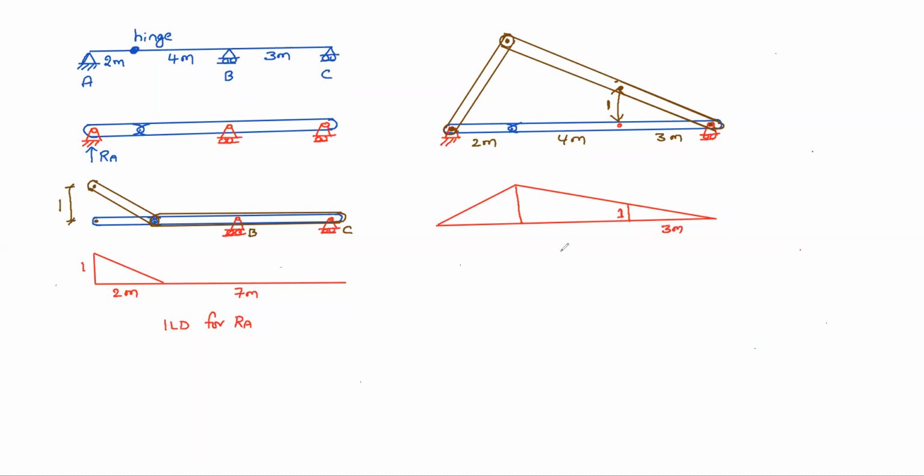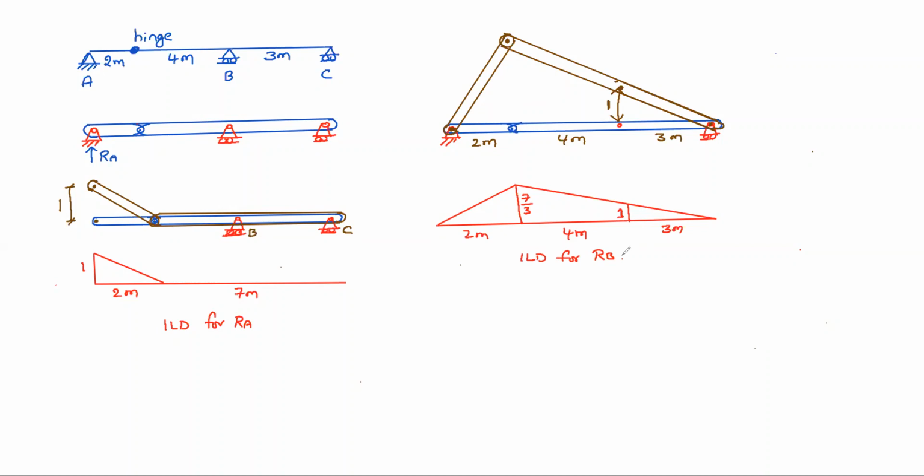For 3 meters, 1 unit means for 7 meters, for this big triangle from hinge to C, 4 plus 3, 7 meters, obviously it will be 7 by 3. This ordinate will be 7 by 3. Here 0, this 2 meters. So this is ILD for RB.